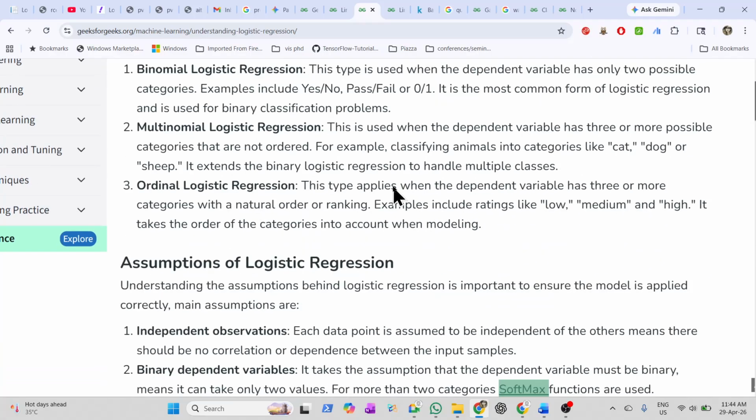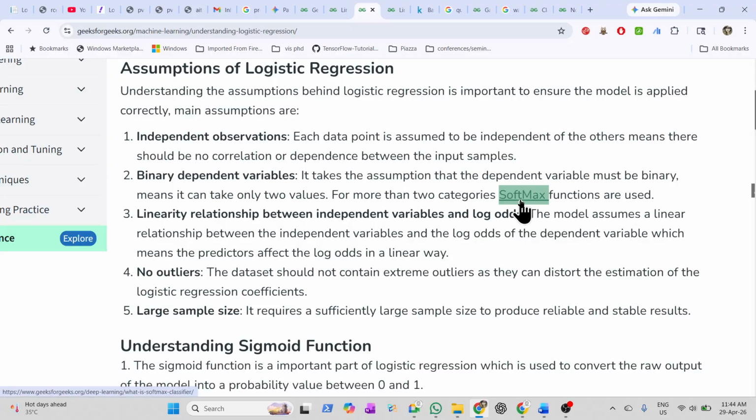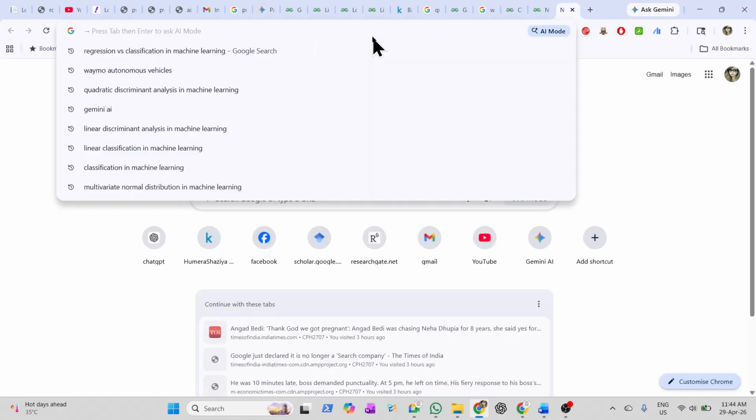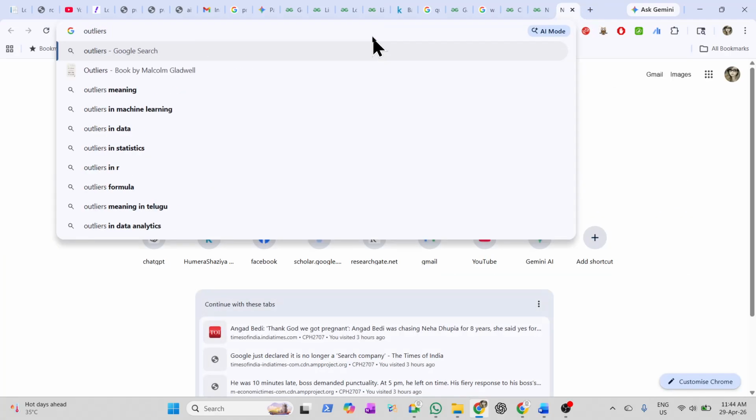In that case, we have to use the softmax function. There is a linear relationship between the independent variables and the log odds. And there are no outliers. The data set should not contain outliers. Note down, outliers are also very important.